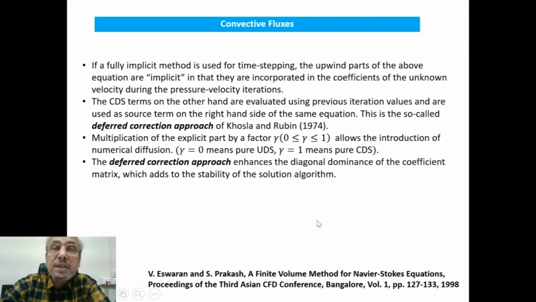So we have discussed today about the discretization of the continuity equation following finite volume approach on arbitrarily shaped hexahedral, and also we have discussed about calculation of convective fluxes.